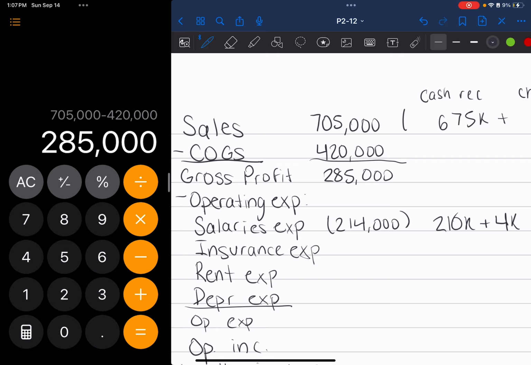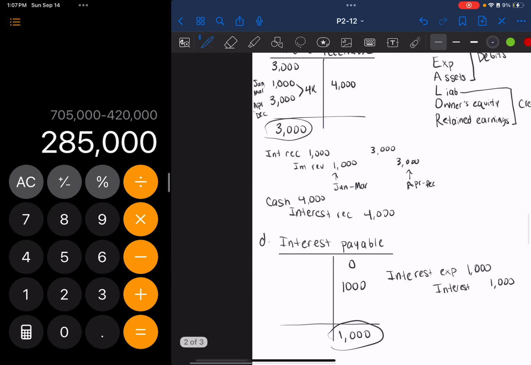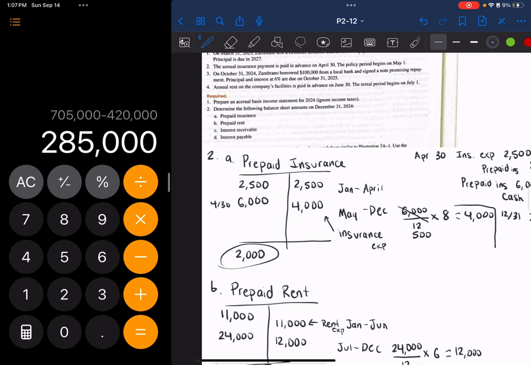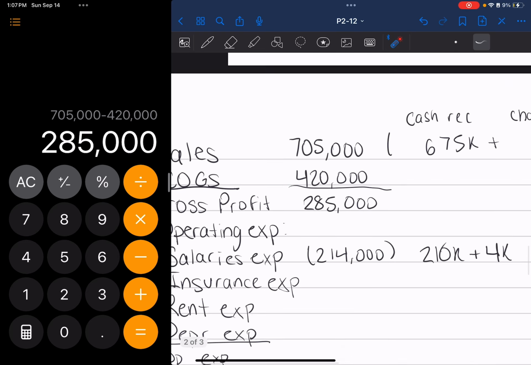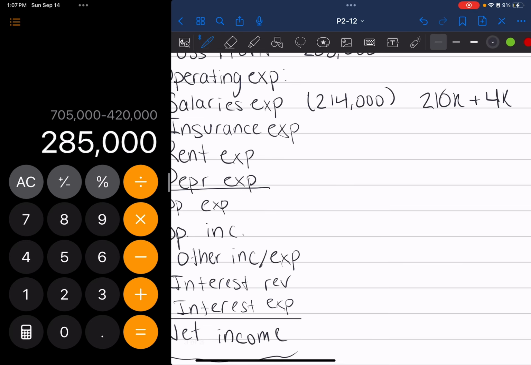So then insurance expense we calculated in the T account as basically the credit side of the entry, so it's 6,500. It's the 2,500 plus 4,000. And then rent expense, the same thing.